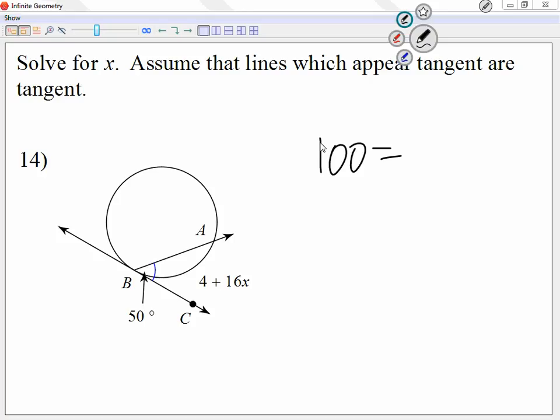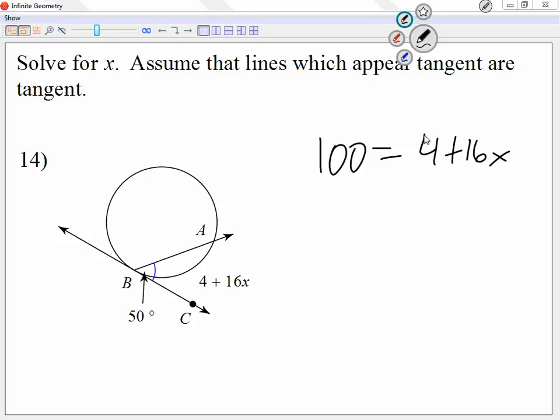So 100 is equal to 4 plus 16x, because the arc, as we knew it, was 4 plus 16x. So the 100 came because of the angle times 2. That makes sense?